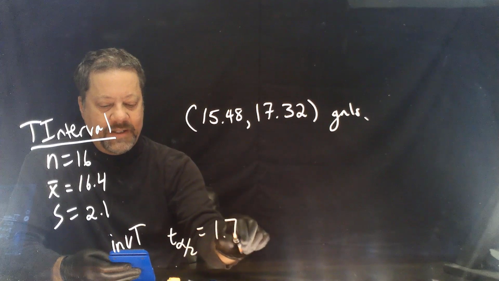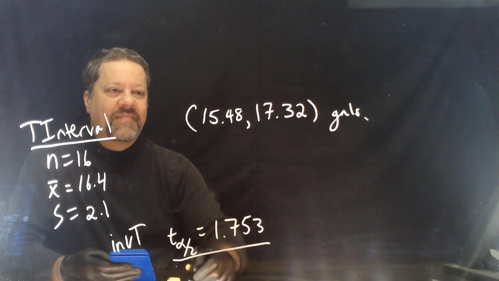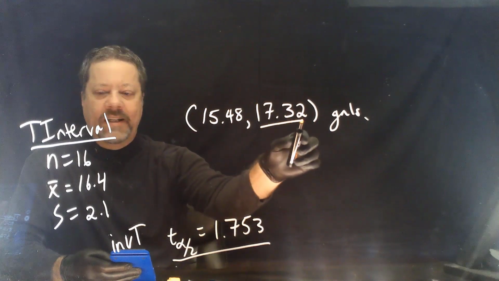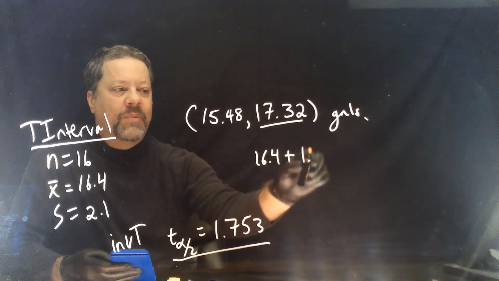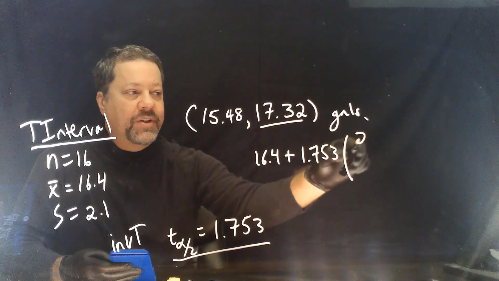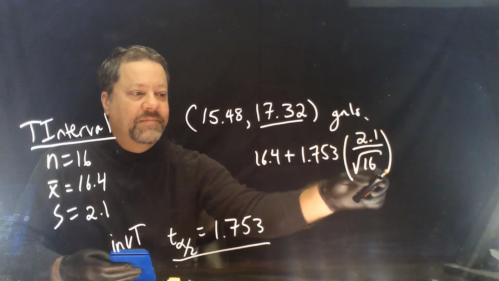We get 1.753 for the critical t. Let's just check one of these. We'll check the right-hand endpoint, 16.4 plus 1.753 times the standard deviation 2.1 divided by the square root of 16.